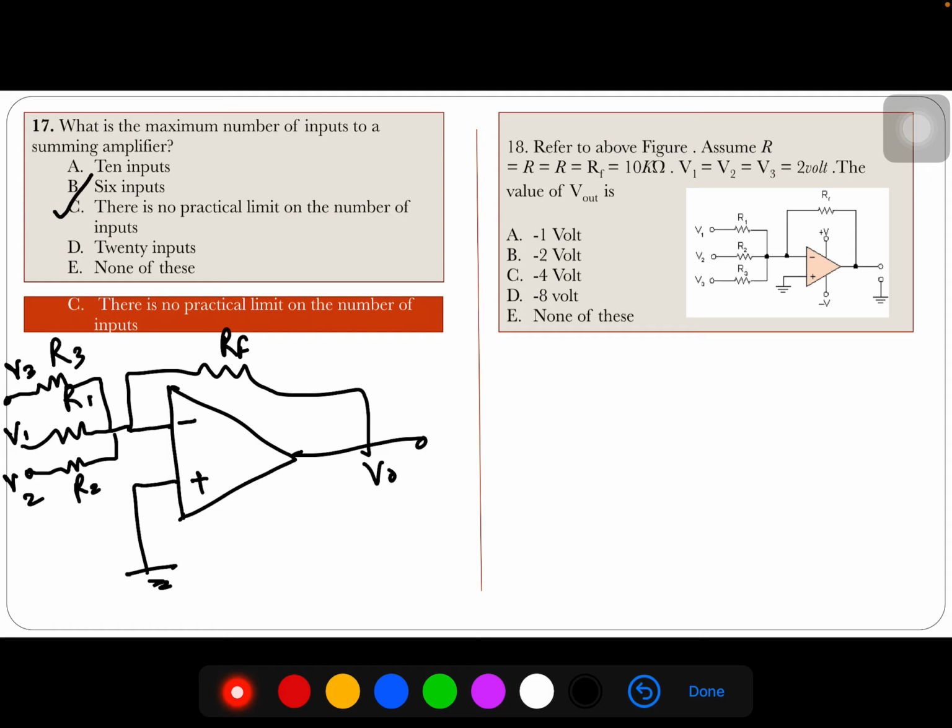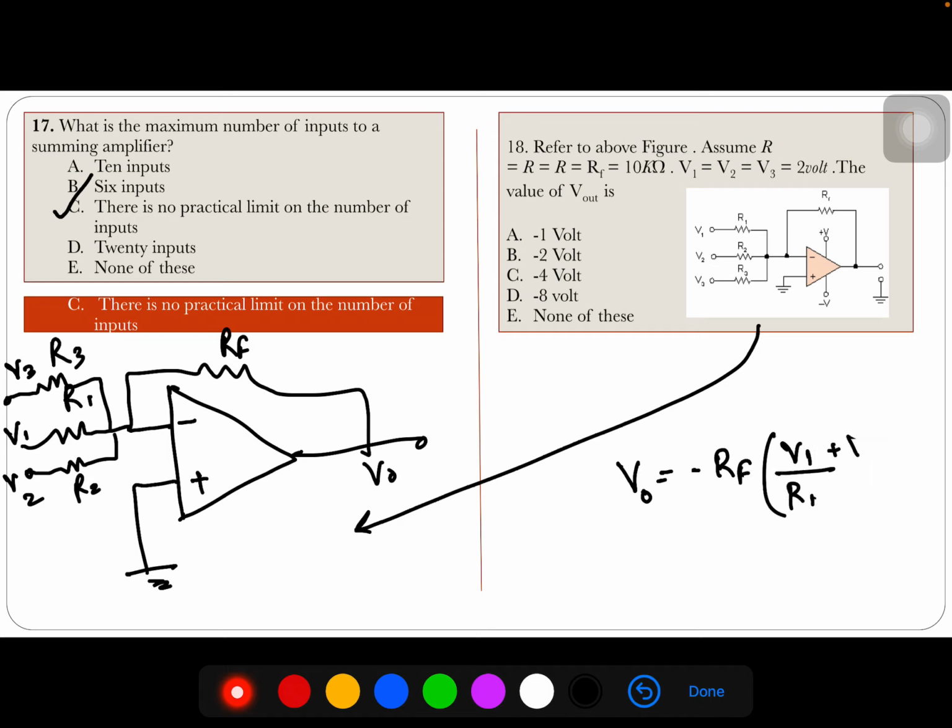If you recognize this circuit, just see the previous question, the circuit that I have drawn for the summing amplifier, you can see that this circuit is same as that particular circuit. Okay, so this is a summing amplifier and the output of summing amplifier is given as minus RF times V1 upon R1 plus V2 upon R2 plus V3 upon R3 and so on if there are other inputs also.